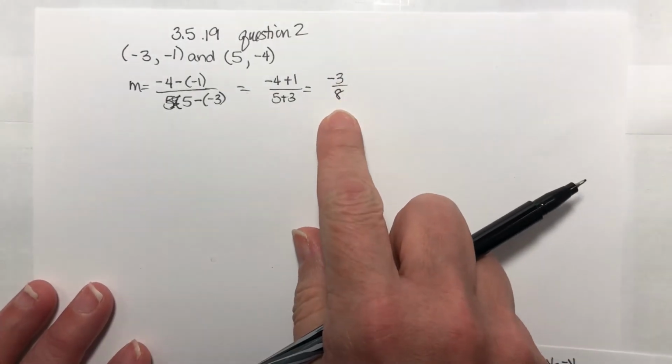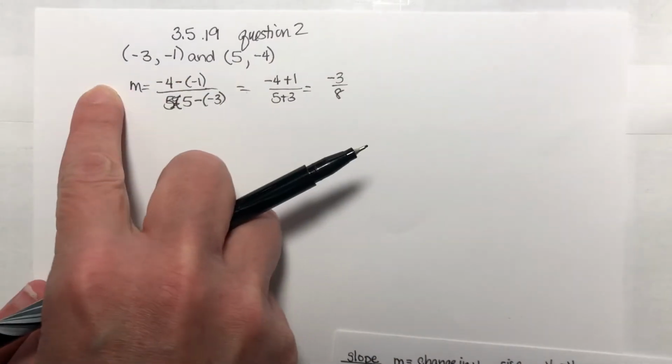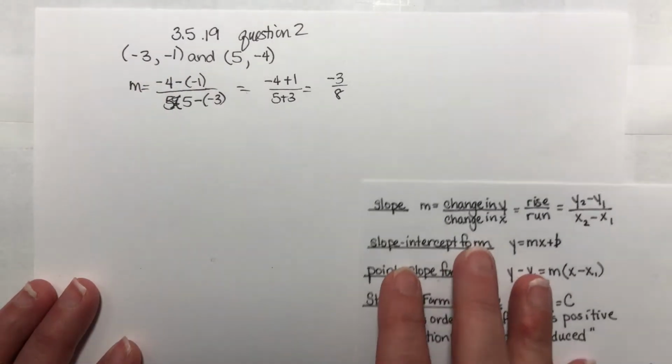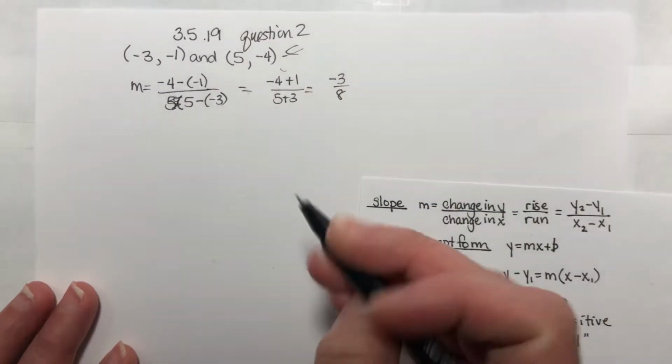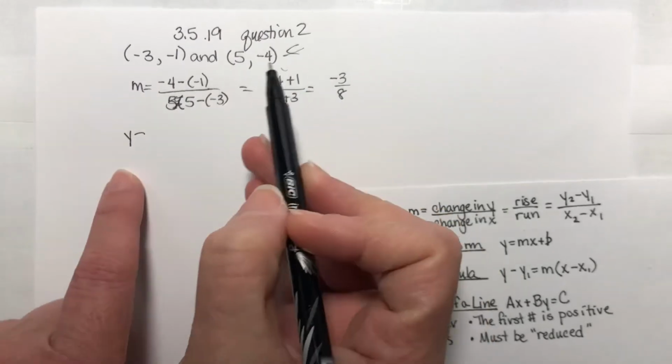Now I'm going to use this point and the slope to get our answer. Let's just choose this point. So y minus y1, that's our y value.